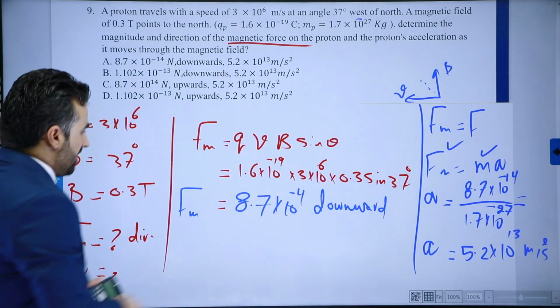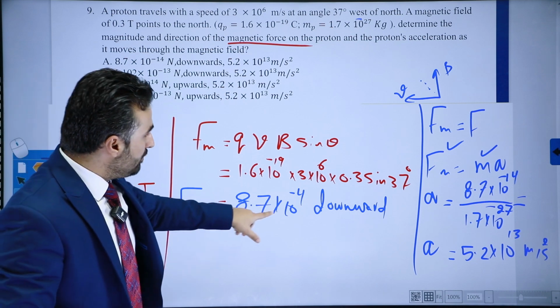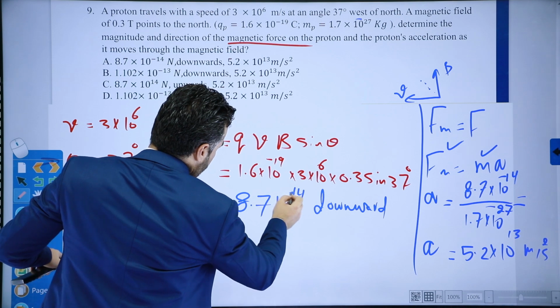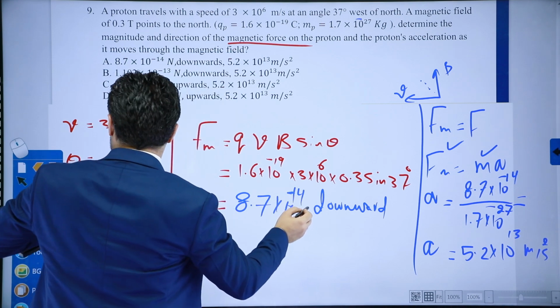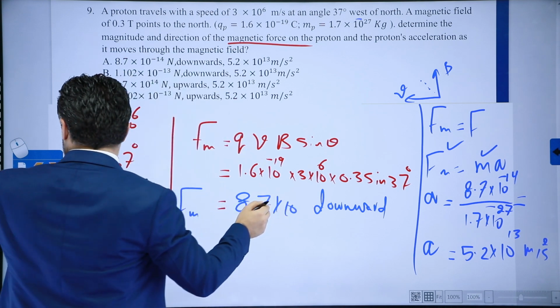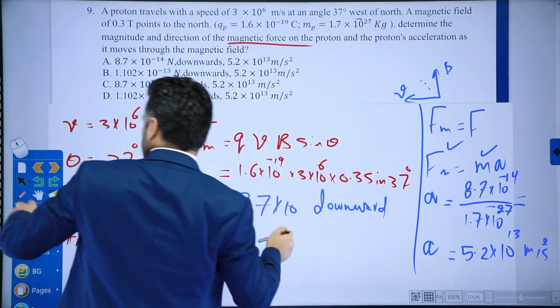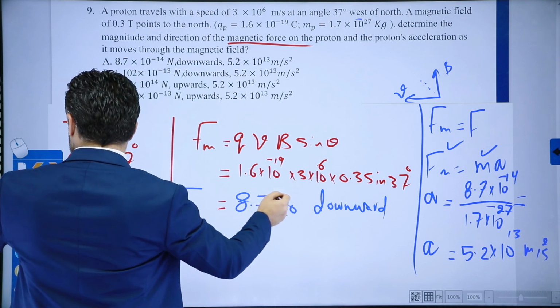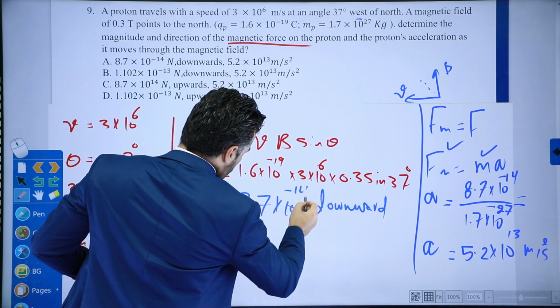So basically, which one of these options do you see here? The force is 8.7 times 10 to the power negative 14, by the way, negative 14. Let's write this one nicer. 8.7 times 10 to the power negative 14, don't forget.